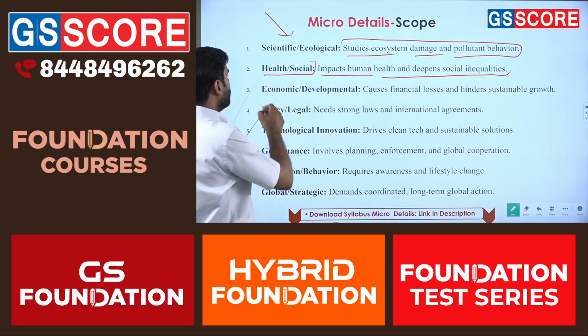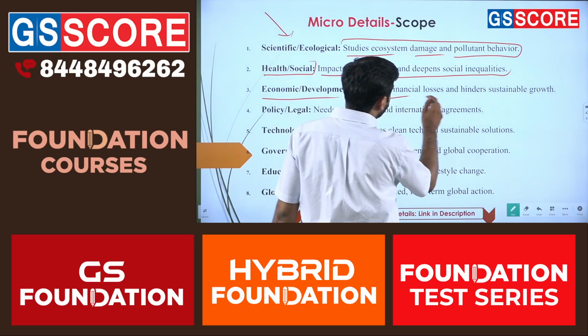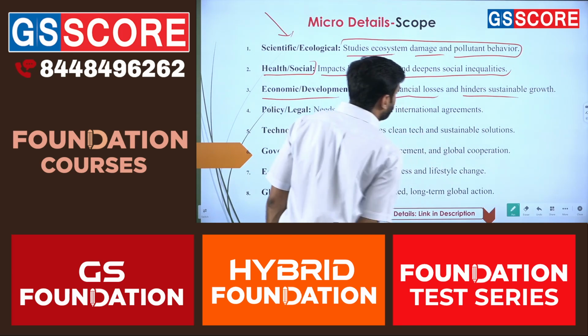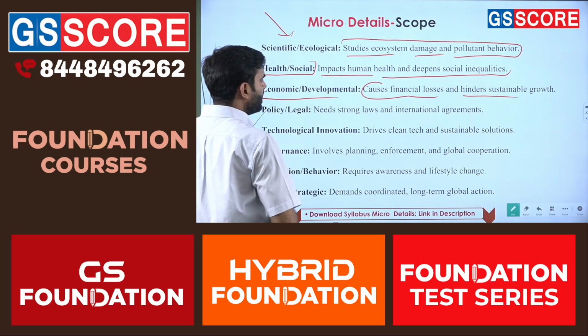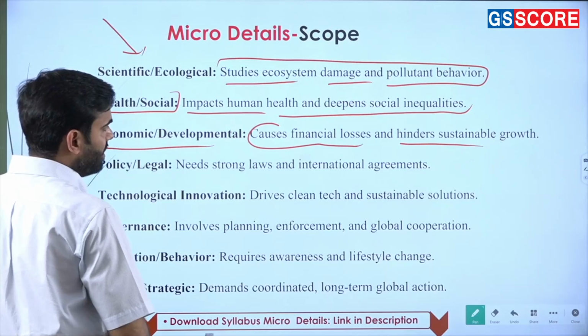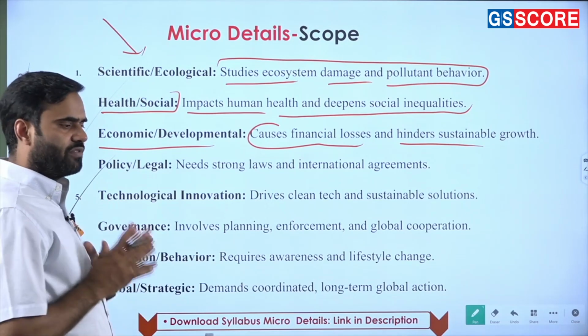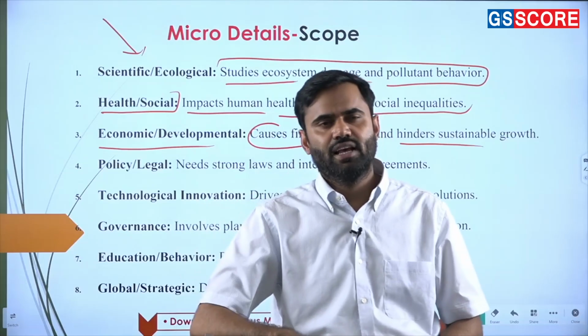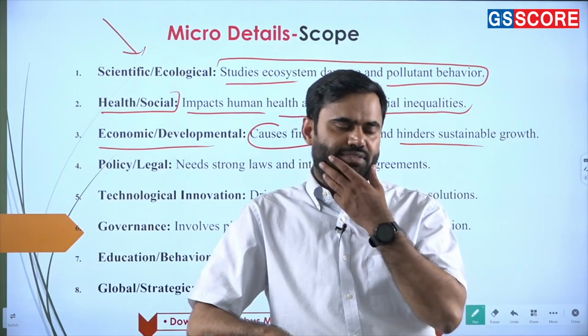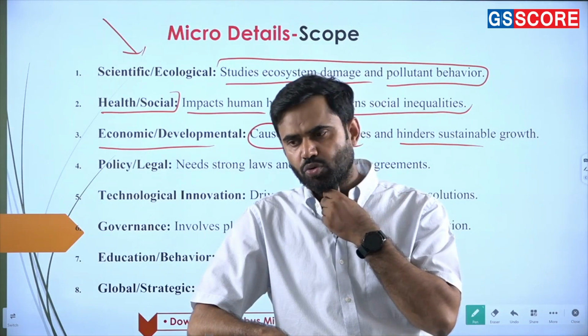Okay, next, economic development causes financial losses and hinders sustainable development. You can add what kind of economic development causes financial losses and hinders sustainable growth. A number of things are coming due to pollution, like the hunger index, where we have almost more than 100 rank globally.